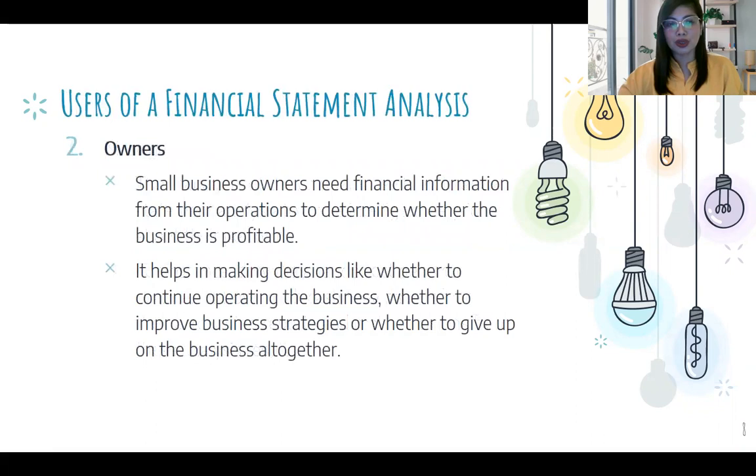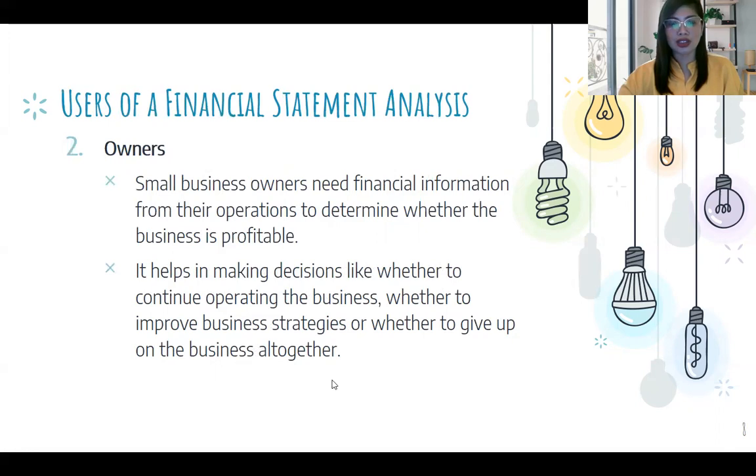Next, number 2 are the owners. Again, these are included in the internal users. Small business owners need financial information from their operations to determine whether the business is profitable. It also helps them make decisions like whether to continue operating the business, whether to improve business strategies, or whether to give up on the business altogether.